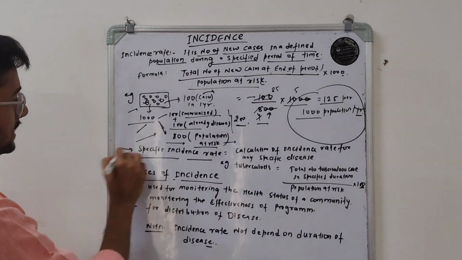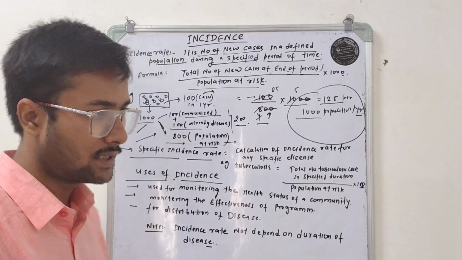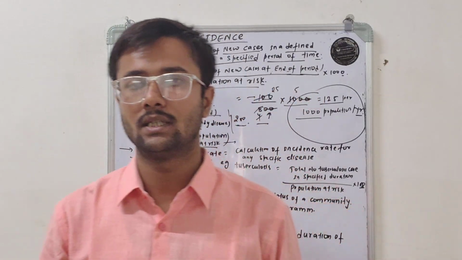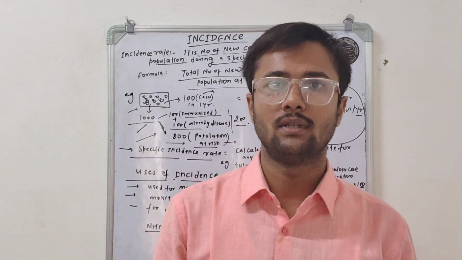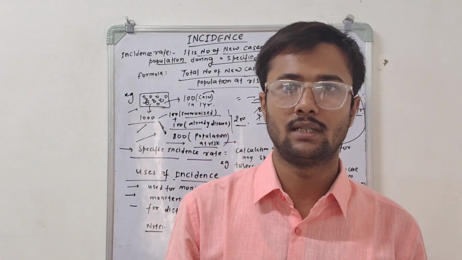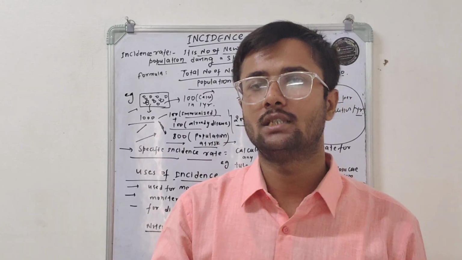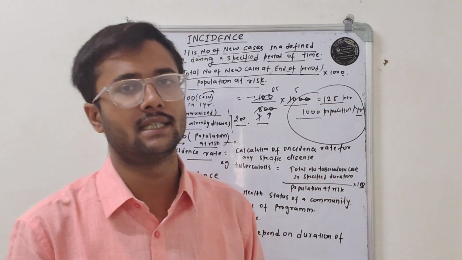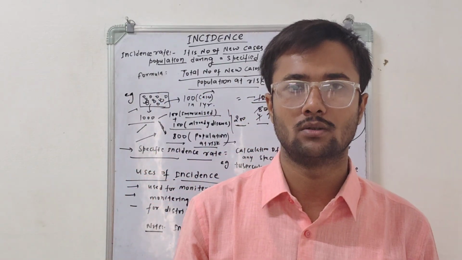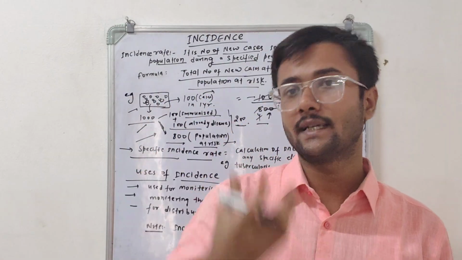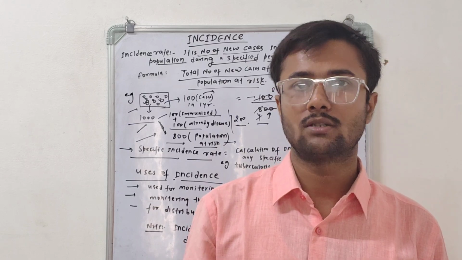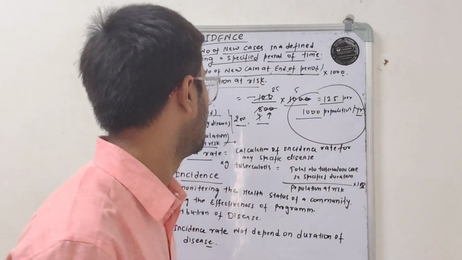Another thing is, what is the specific incidence rate? A specific incidence rate means when we calculate the incidence rate for any specific disease. Let's suppose we are calculating the incidence rate for tuberculosis. Whenever we calculate the incidence rate for any specific disease, it is called a specific incidence rate.